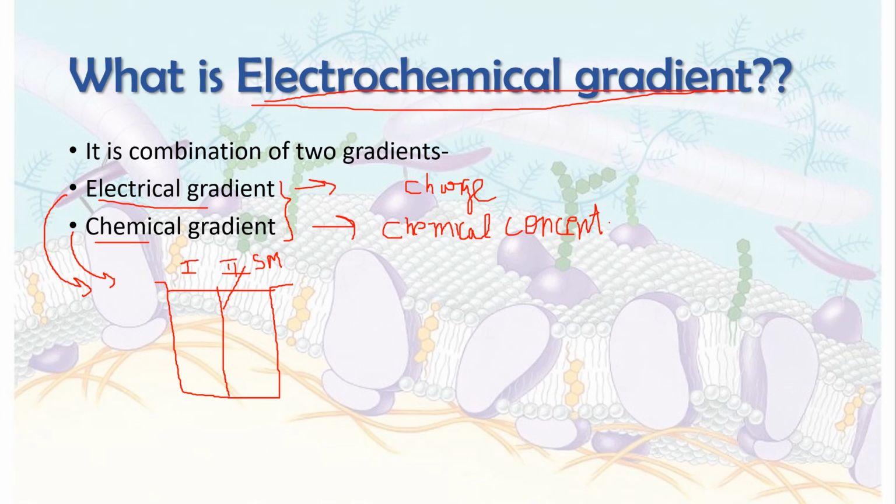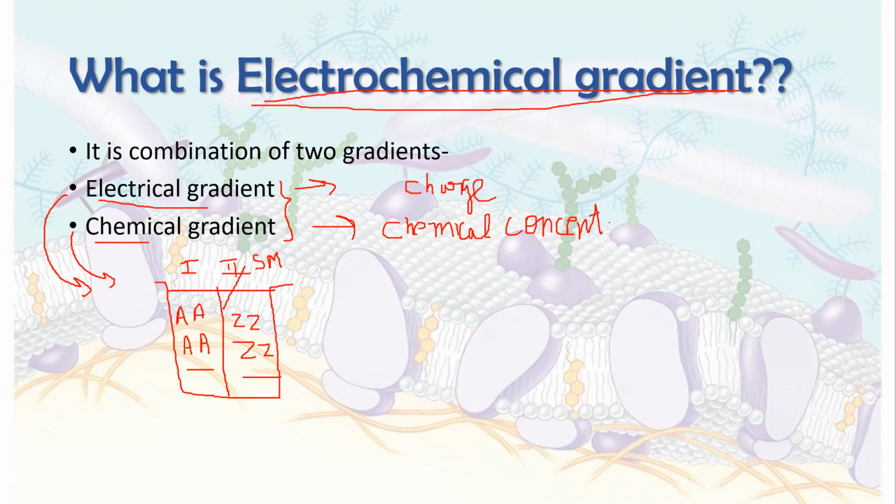Suppose we are going to understand the chemical concentration gradient. So suppose we have A molecules in column 1 and Z molecules in column 2. Both columns have an equal amount of molecules.